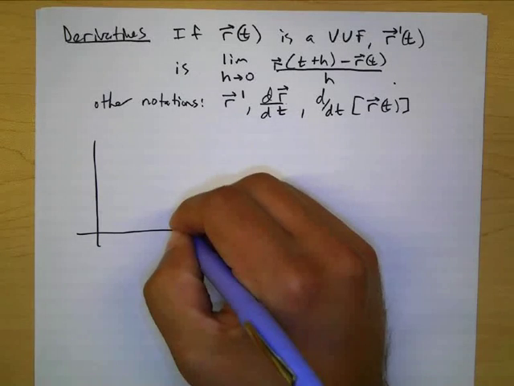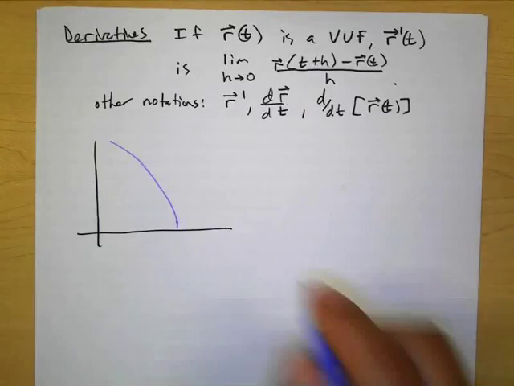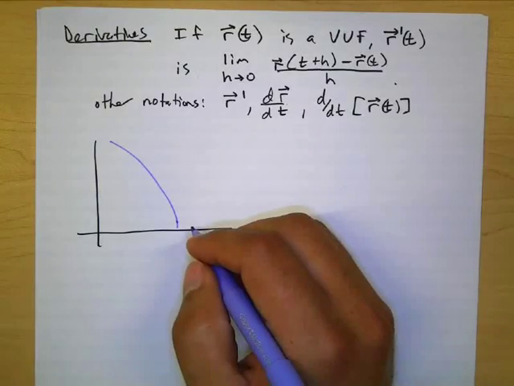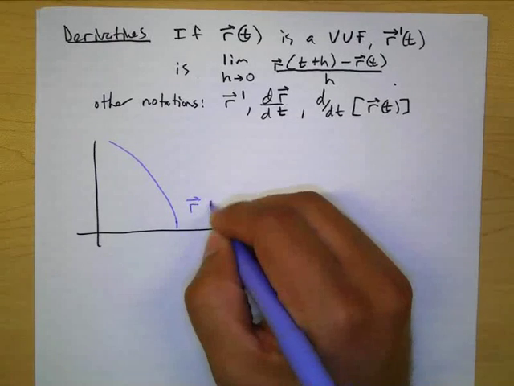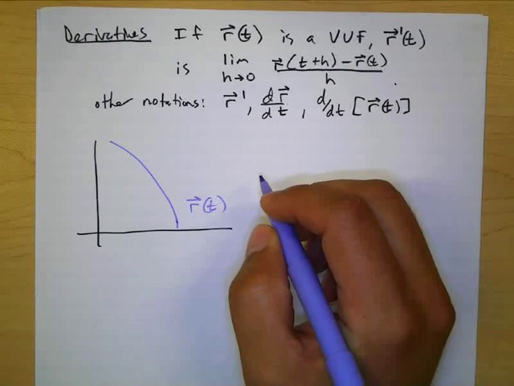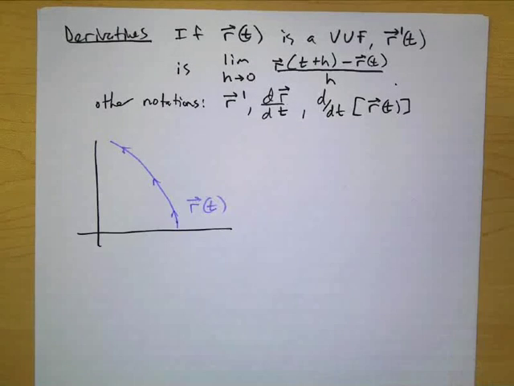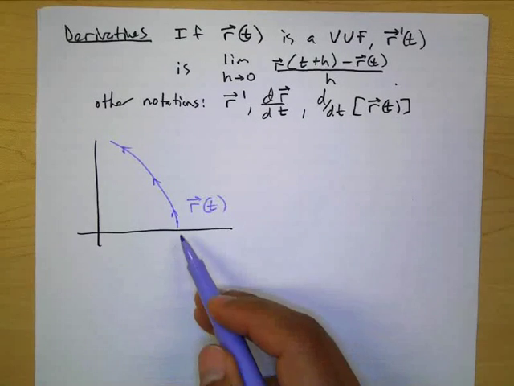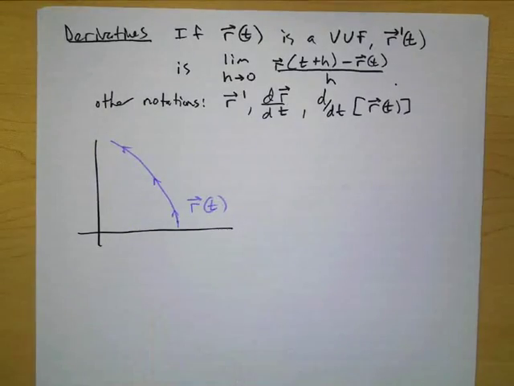So, let's say we have some parametric function or vector valued function, r of t, and the orientation looks like, if we had a clock, counterclockwise-ish. Okay.